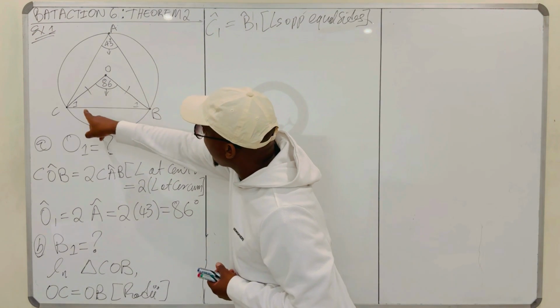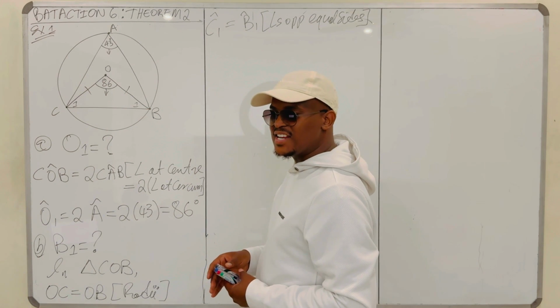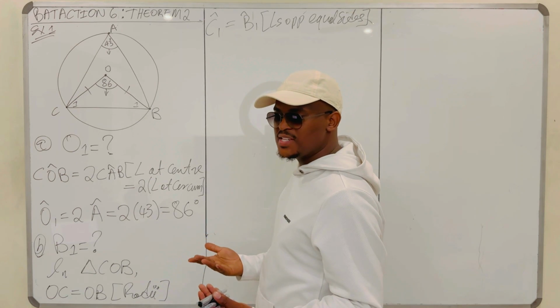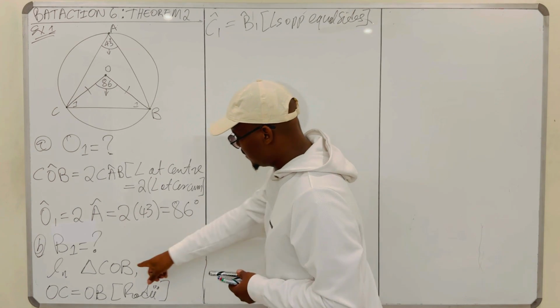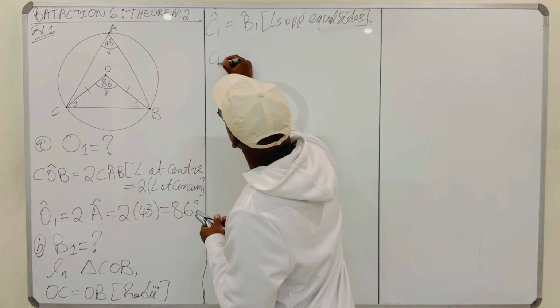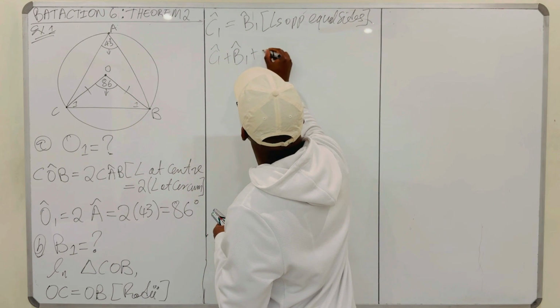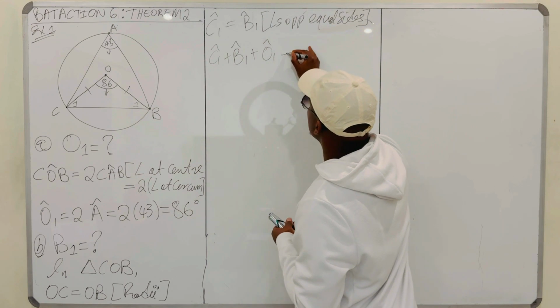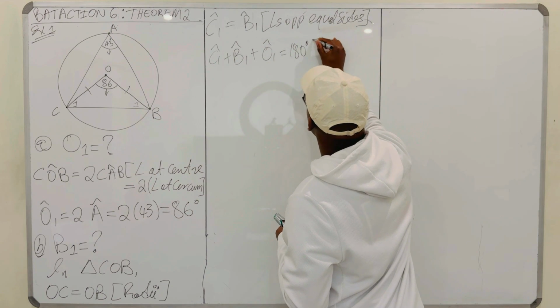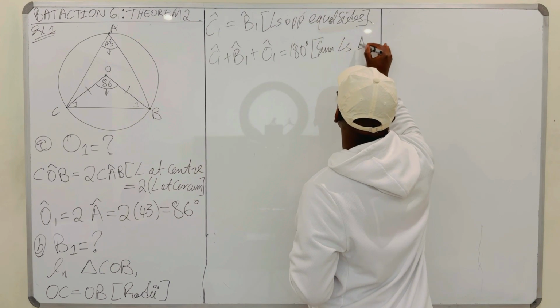We know that if we add all the angles in that triangle, we get 180. So we're still in the same triangle. We'll say angle C1 plus angle B1 plus angle O1 is equal to 180. Why? Sum of angles in a triangle.